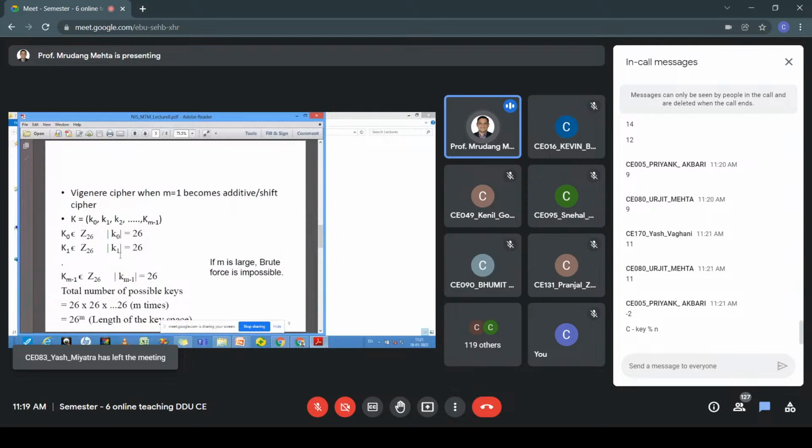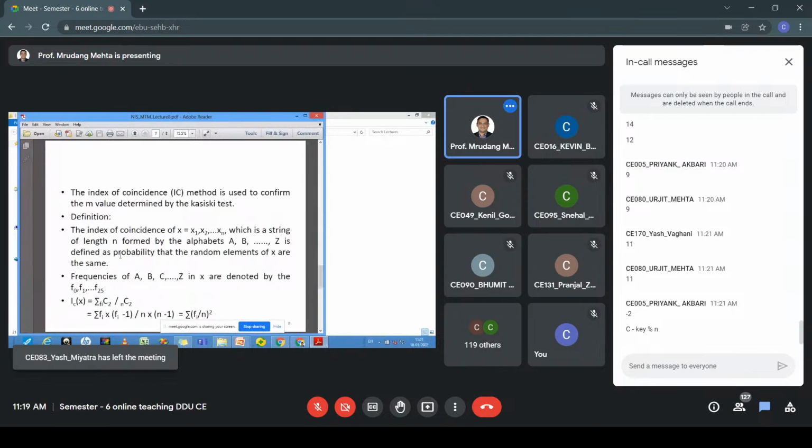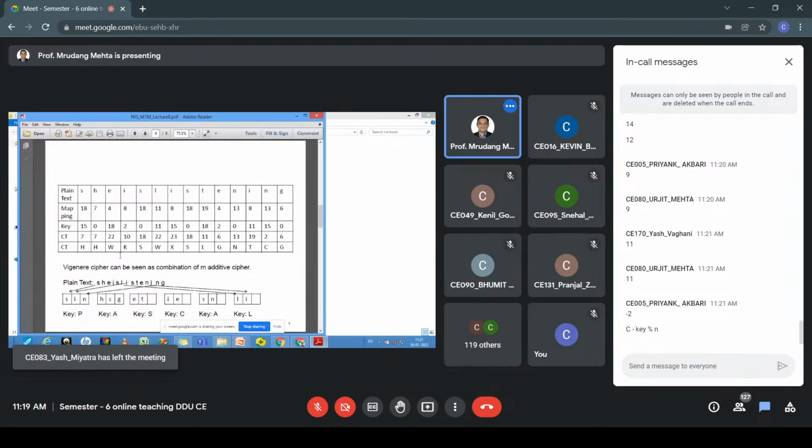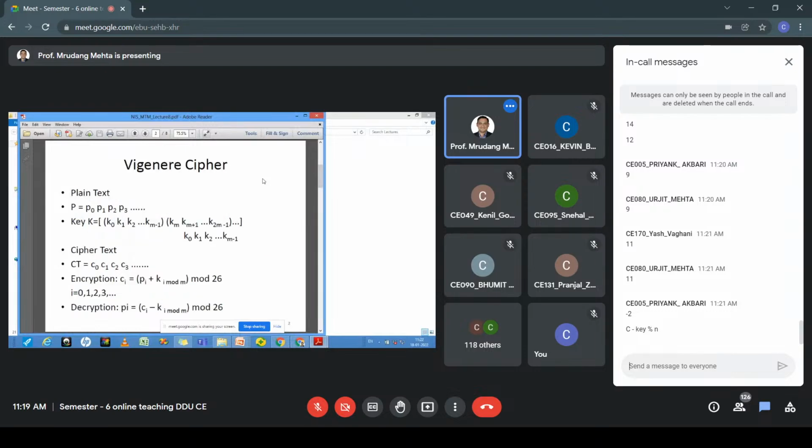So this Pascal example, encryption was discussed, and this is how we performed encryption, right? It is the same thing. So Pi equal to Ci minus Ki mod m, mod 26, right?